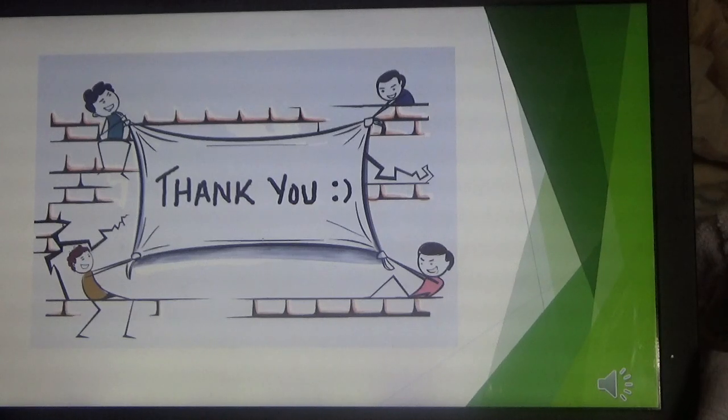We shall also be discussing the booklet revision questions and answers, and also the MCQs.